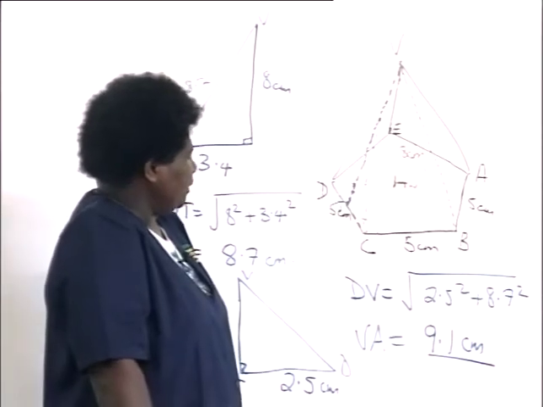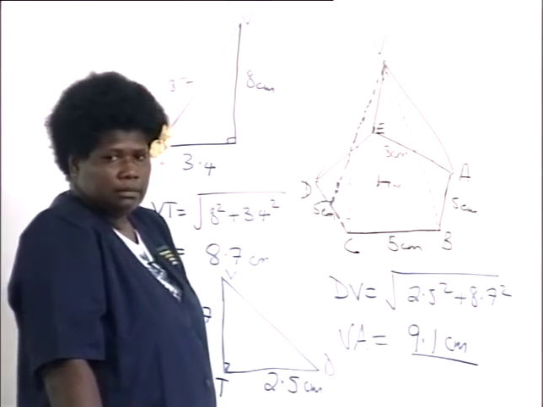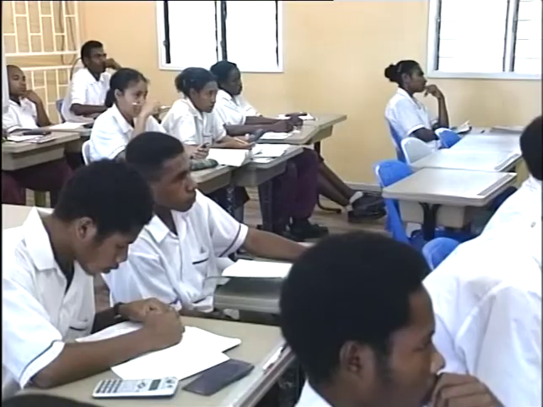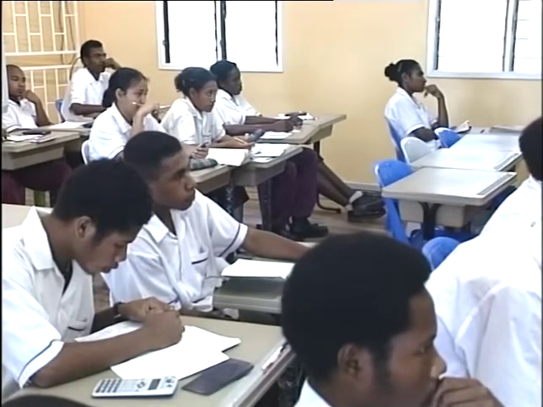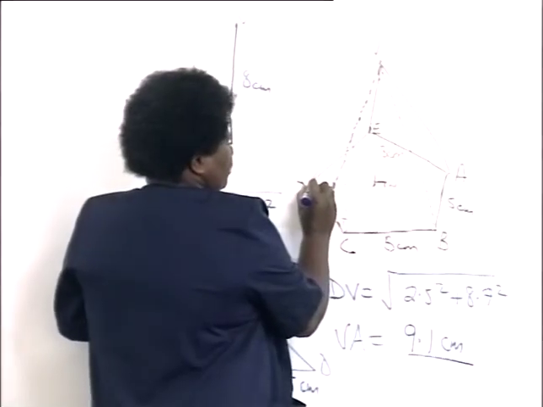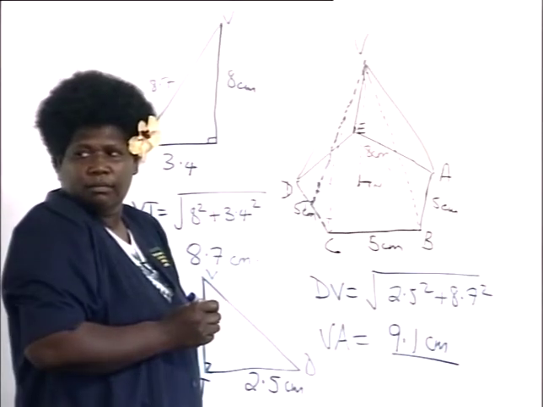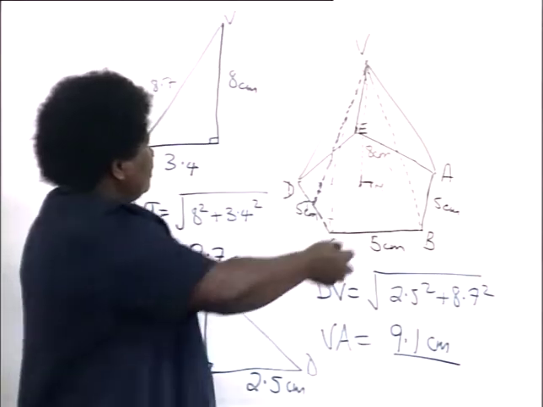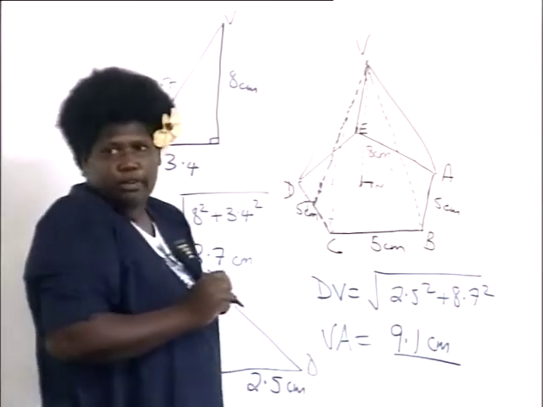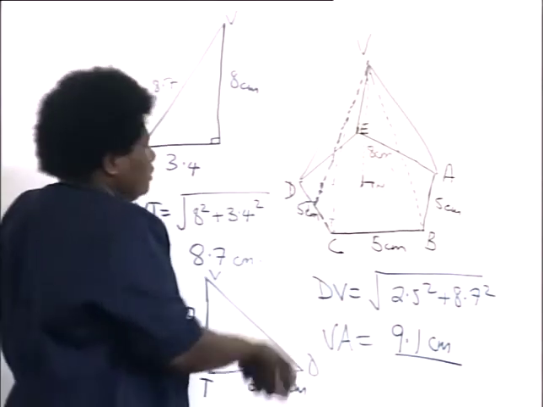So where are we going to draw the line? The edge VD, which is this edge. Are we going to draw the line from D to A? Which one? We have to come up with a triangle. Can I remove this? Okay.